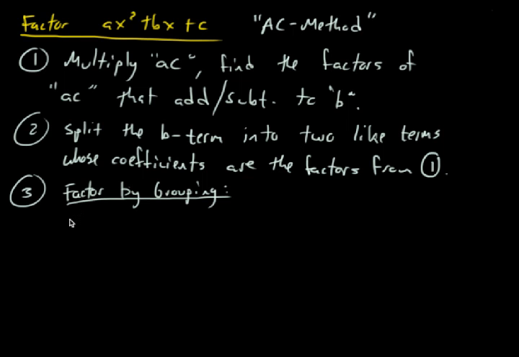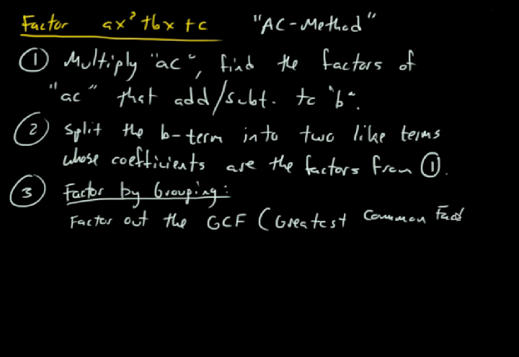And in factor by grouping, we are going to factor out the GCF, or greatest common factor, from the first two terms, and then a separate greatest common factor from the last two terms.